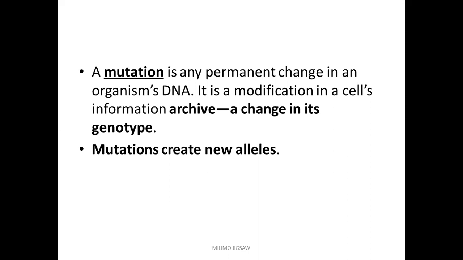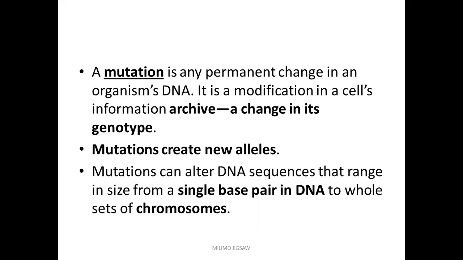So mutations create new alleles. And then we find that mutations can alter the DNA sequence, which can range from a single base pair to a whole set of chromosomes.